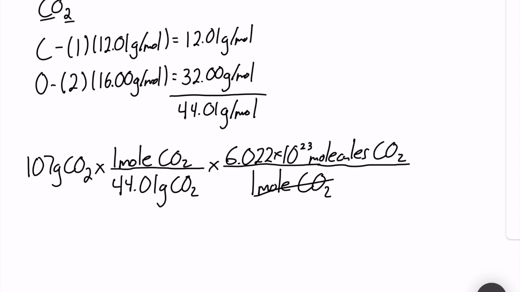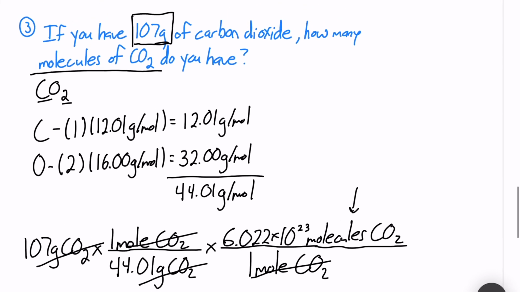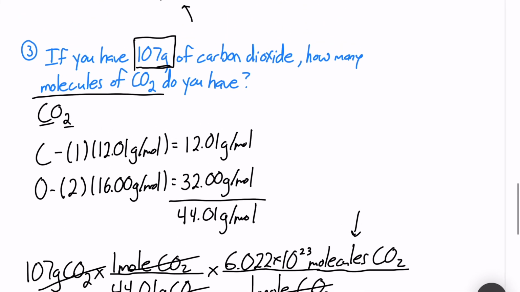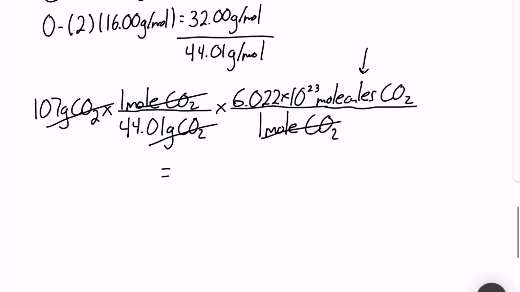And just notice all of our units will cross out until we're left with what we want here, which is molecules of CO2. So type that into your calculator, and I'm going to write our final answer down here because it is quite a large number. And we will keep 3 significant figures because of 107 grams.